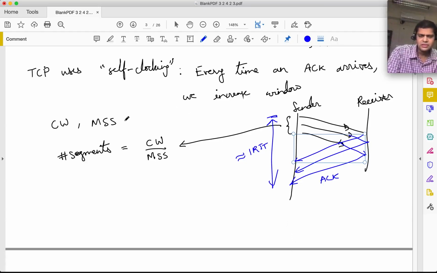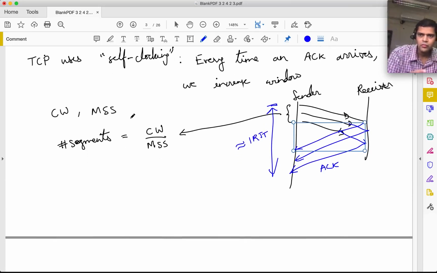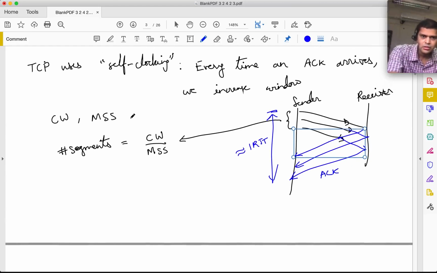Maximum segment size is essentially the size of one segment that you send out. You would normally want to send out the largest size possible, just to reduce the overheads. Every time you send out a TCP segment, there are overheads at all the different layers, from the physical layer all the way up to the application layer, or at least the TCP layer. And so that's a waste. All that overhead is constant for each particular segment.